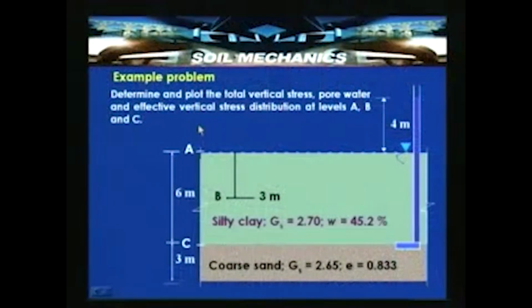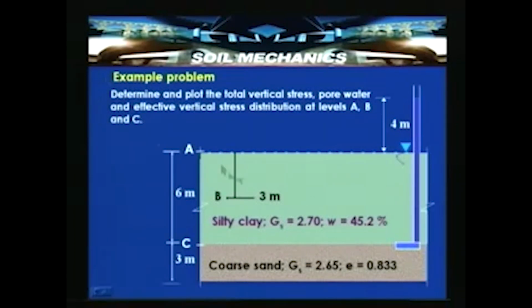Now, in this particular lecture, we are going to study flow of water through soils, particularly the measurement and the factors affecting this coefficient of permeability, which is nothing but Darcy's coefficient of permeability. Before looking into this, this particular problem is given to practice as a continuation of the previously solved problems.